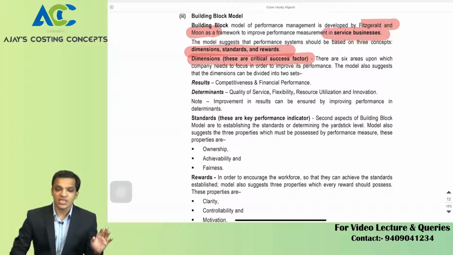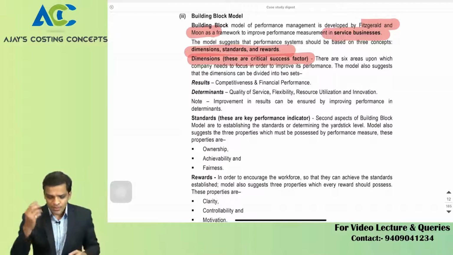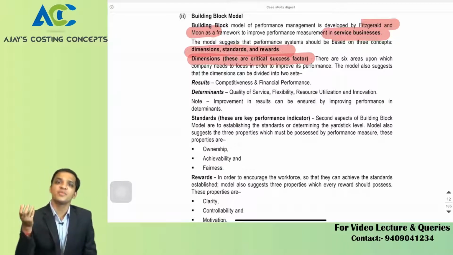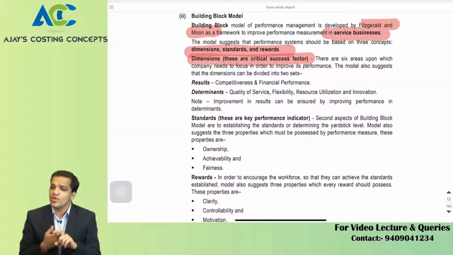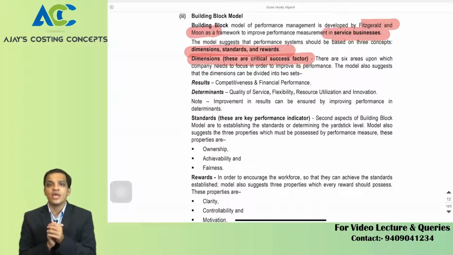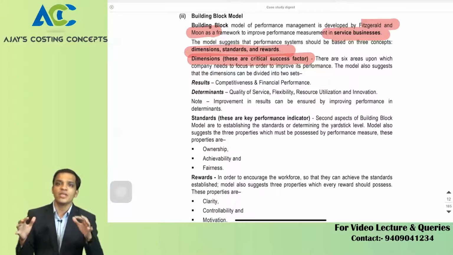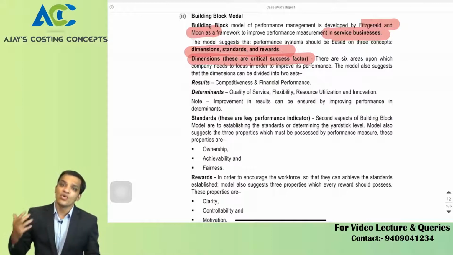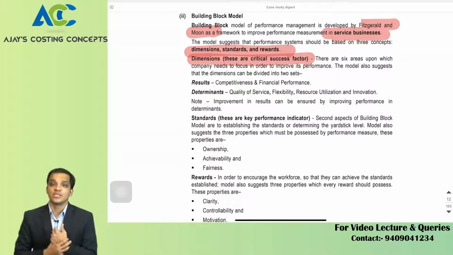So I am not concerned with the non-financial measurement. See, non-financial measurement talks about what? Non-financial measurement means we are not interested in what profits you are earning, what is your EVA ratio, what is the company's net wealth, nothing like that. We are more interested in the performance. The performance with regards to the quality.